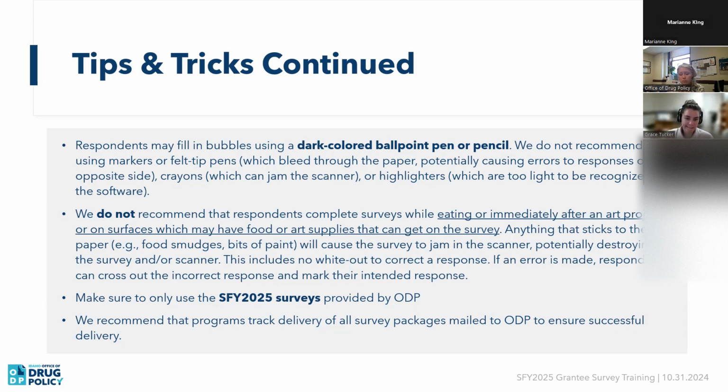We also recommend you avoid crayons or highlighters or any of those things because they can cause issues with the scanning software. So in the survey instructions, we also include a note that you might want to have some pens and pencils on hand when you're implementing the survey. So if you have any participants that need a pen or pencil, they can get one from you in order to ensure that the survey is administered successfully.